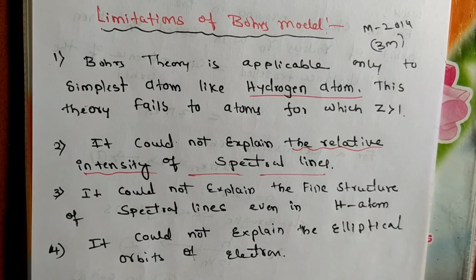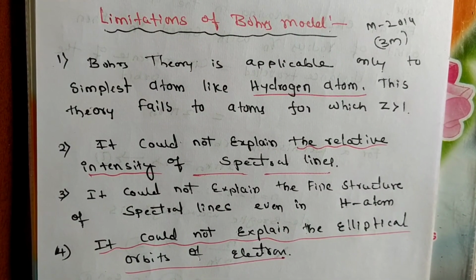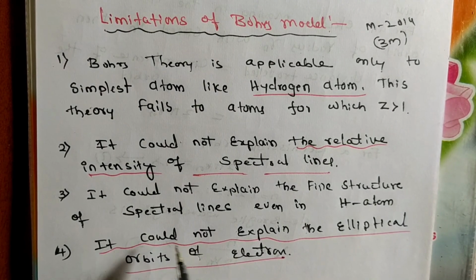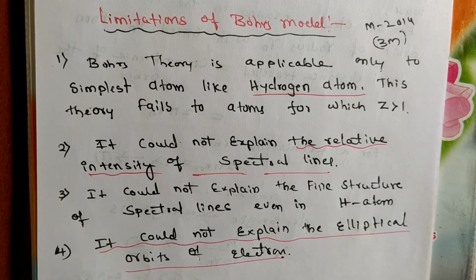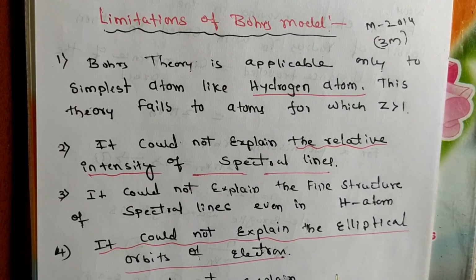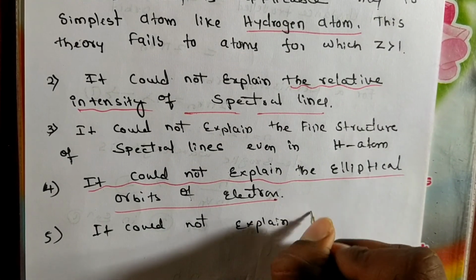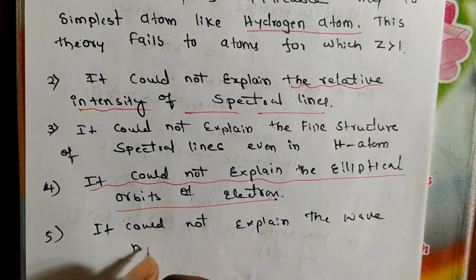Okay, this is the fourth one. It could not explain the elliptical orbit of an electron in the hydrogen atom. Fifth one, it could not explain the wave nature of the electron.